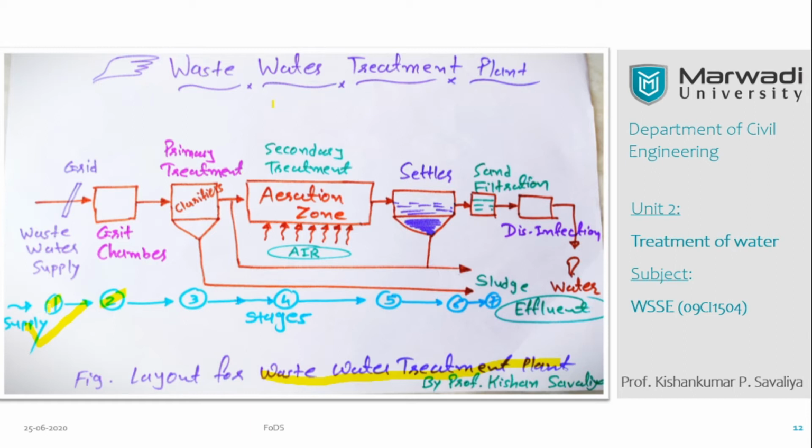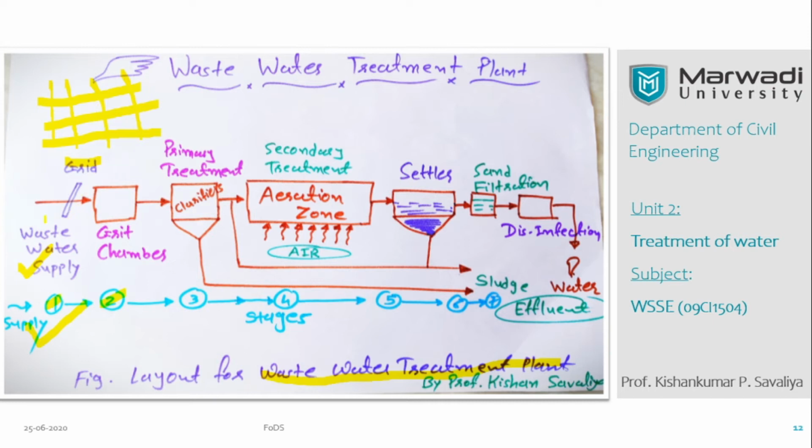First and foremost, after the wastewater supply, there is a grid. All the bigger particles, all the organic material like plastic waste, any kind of heavy material is retained in the first stage, which is your grid. There is a grid-like structure, bars are provided in such a manner that all the materials stick to this grid.